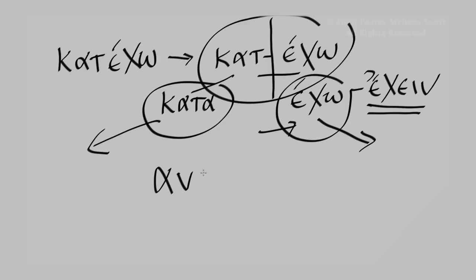All right, if we put ante, like I was defining the Antichrist, if we put ante on echo, we get to hold against. If this anteco was in the middle voice, it would be to hold protectively for oneself.